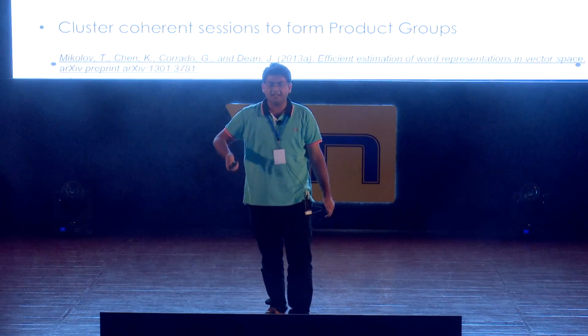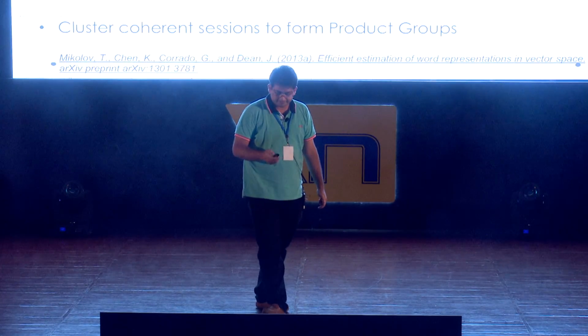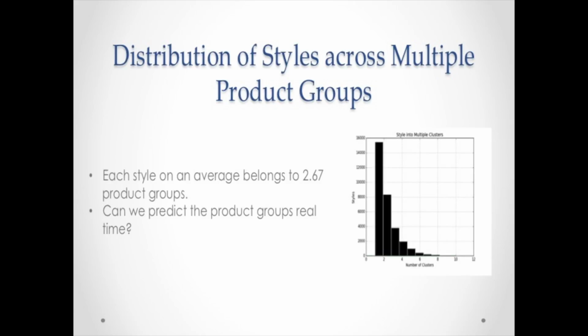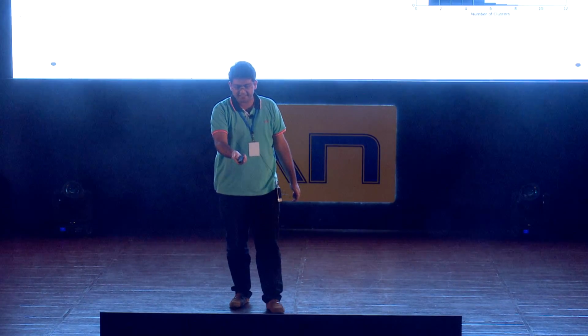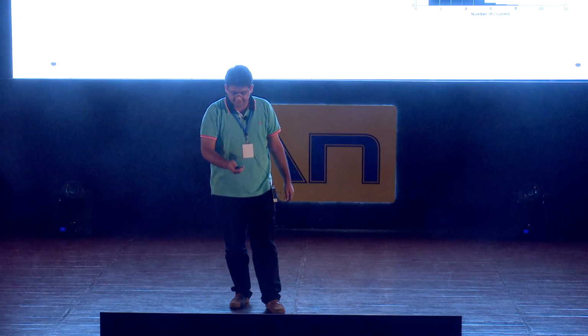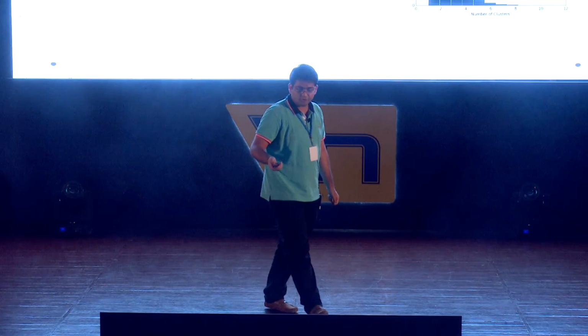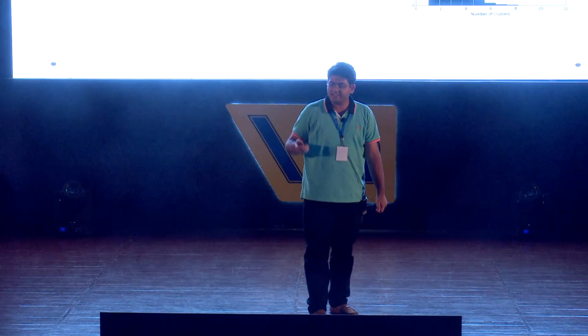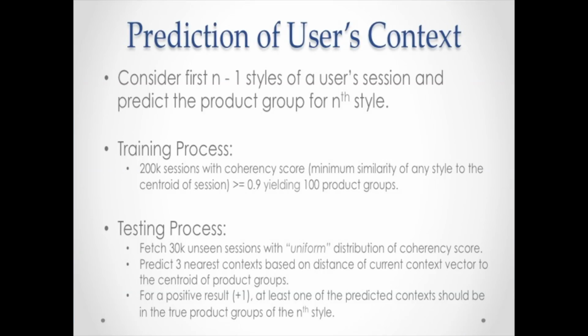And a style automatically goes into multiple contexts, right? So on an average, for our styles in the catalog, say, this is for men's t-shirts at Myntra, each style belongs to 2.67 product groups on an average. So now, can we predict those product groups in real time? So we did some sort of an offline experiment. We took the user sessions.